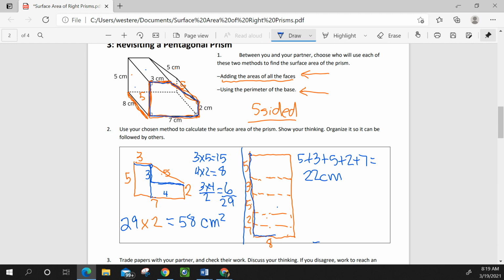And then we can multiply that by the base here, or the height, which is 8 centimeters. When you multiply those together, you should get 176 centimeters squared.